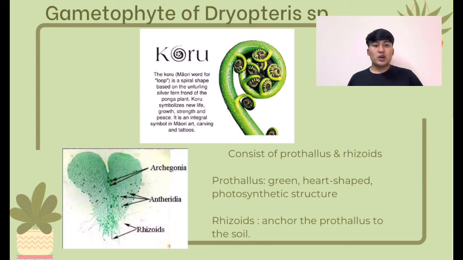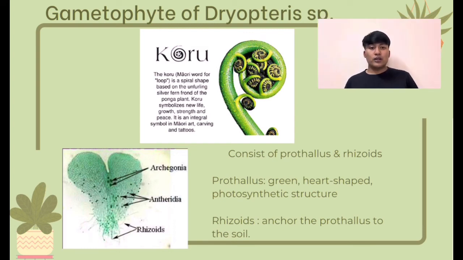We will continue with koru. Basically, koru is a spiral shape that appears from an unfurling silver fern frond, which comes from the ponga plant. It is the symbol of new life, growth, strength, and also peace.